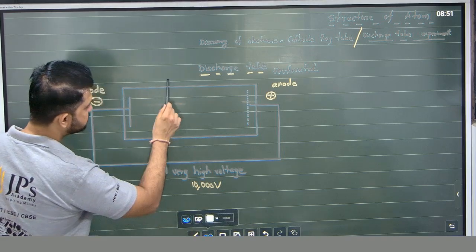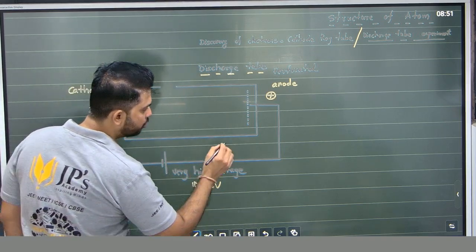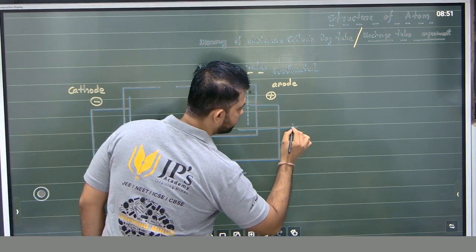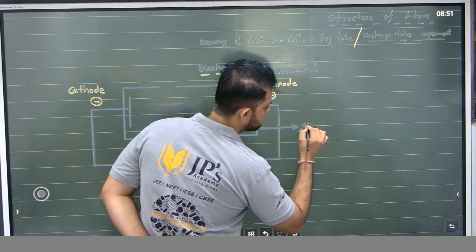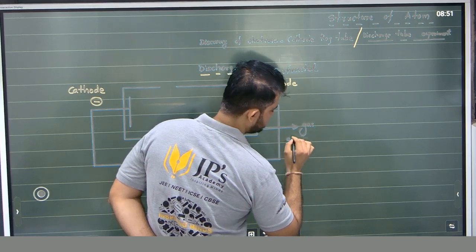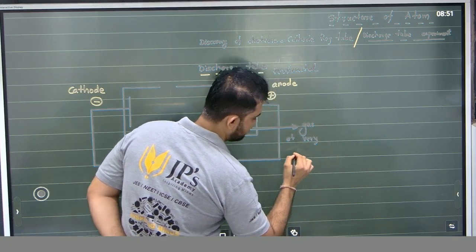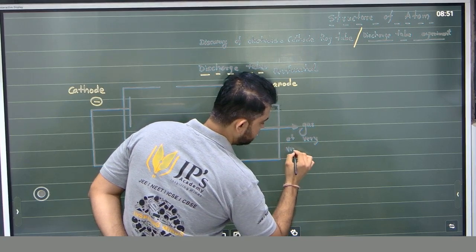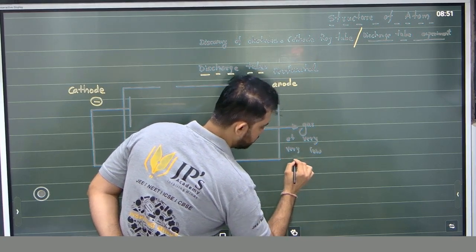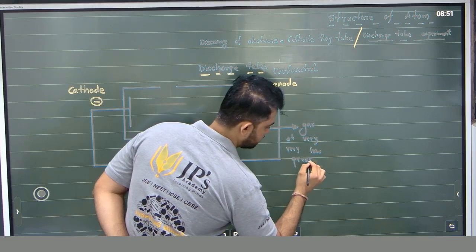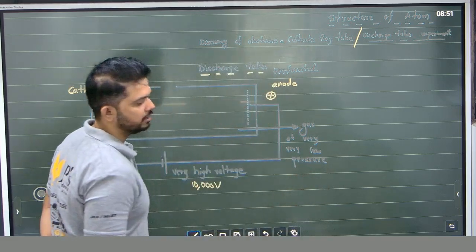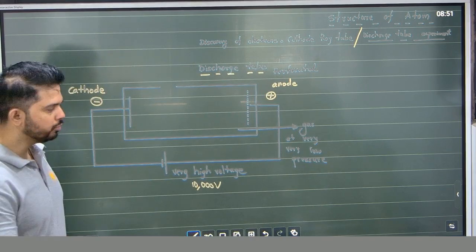Now, what we have inside the discharge tube is gas which is present at very low pressure. I repeat, इसके अंदर we have gas at very low pressure. ठीक है, and how do you get that very low pressure?